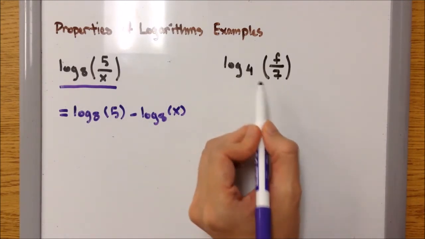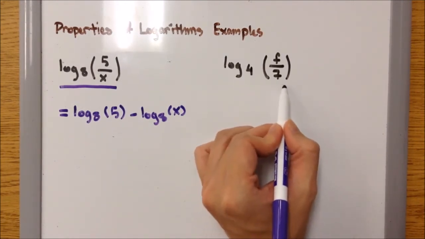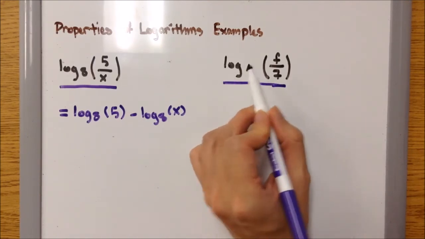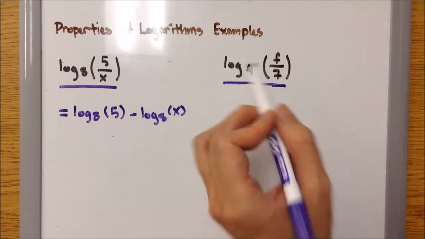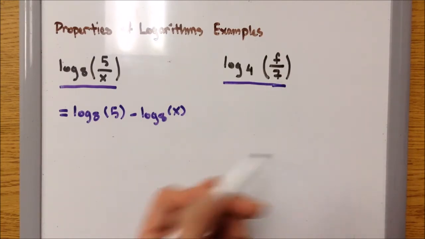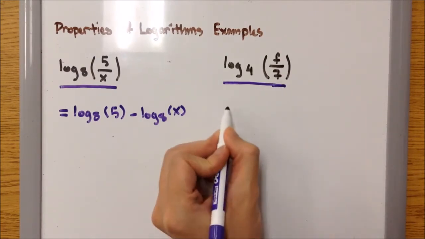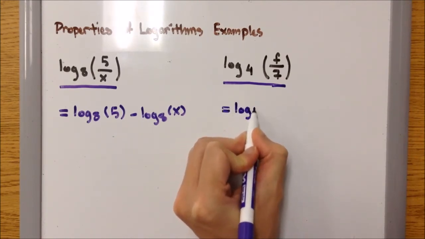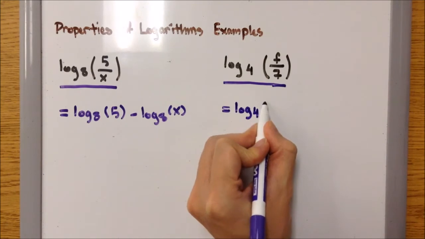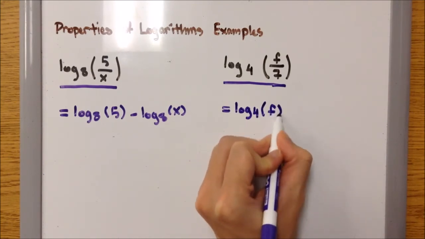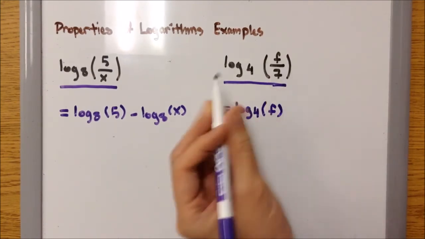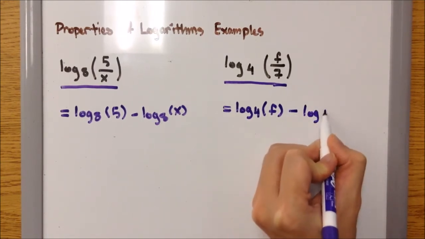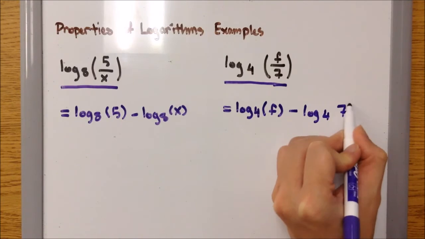Now, our sixth example, or example 6, we have log base 4 of f divided by 7. So again, division, so we have to use the quotient property. So that's simply going to equal log base 4 of f, and the reason is I started with f because f is on top, minus log base 4 of 7.